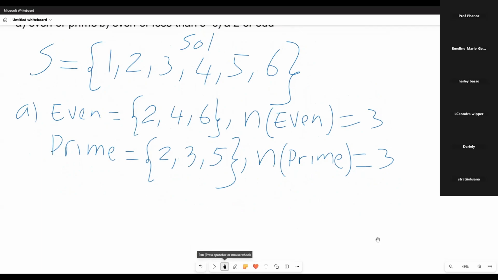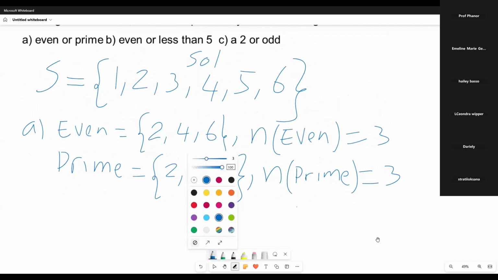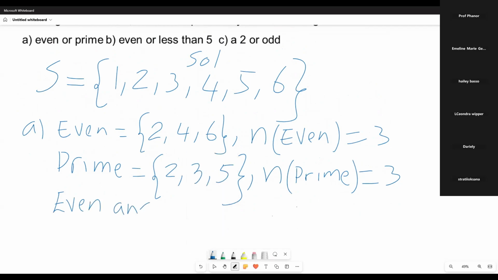So therefore, we're going to put even and prime will be just 2. Make sense?